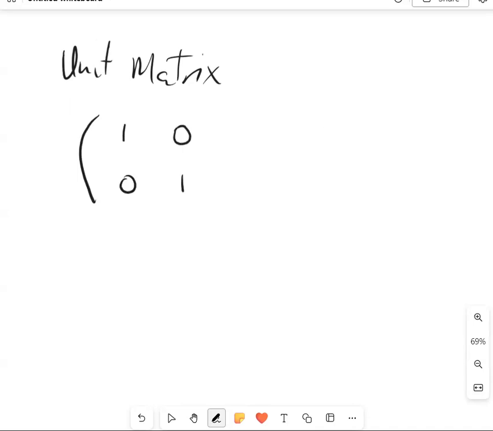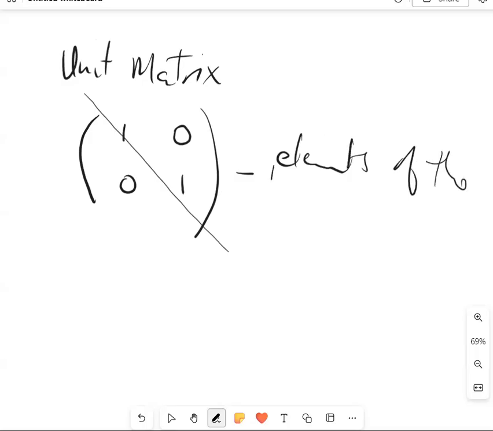Next, we have what you call a unit matrix. And again, this is a square matrix where all the elements of what we call the leading diagonal. This is the leading diagonal here. Right? Elements of the leading diagonal are 1.